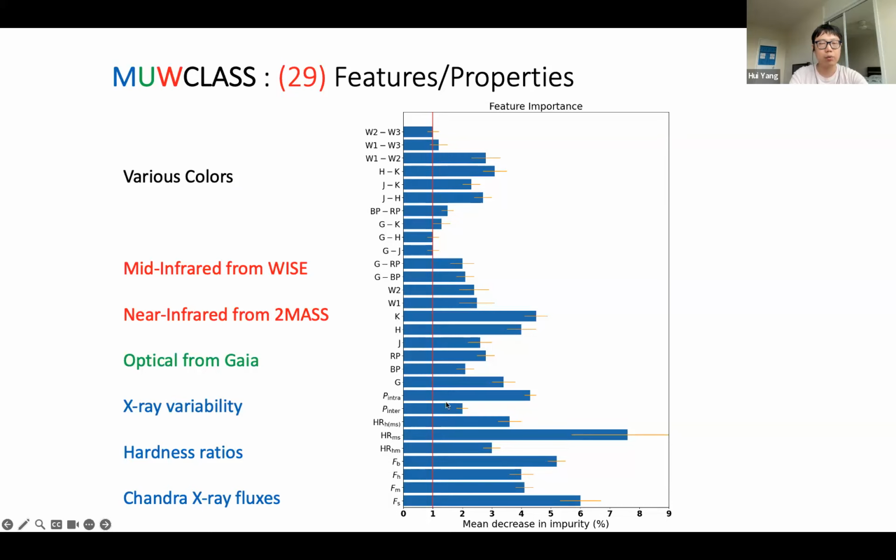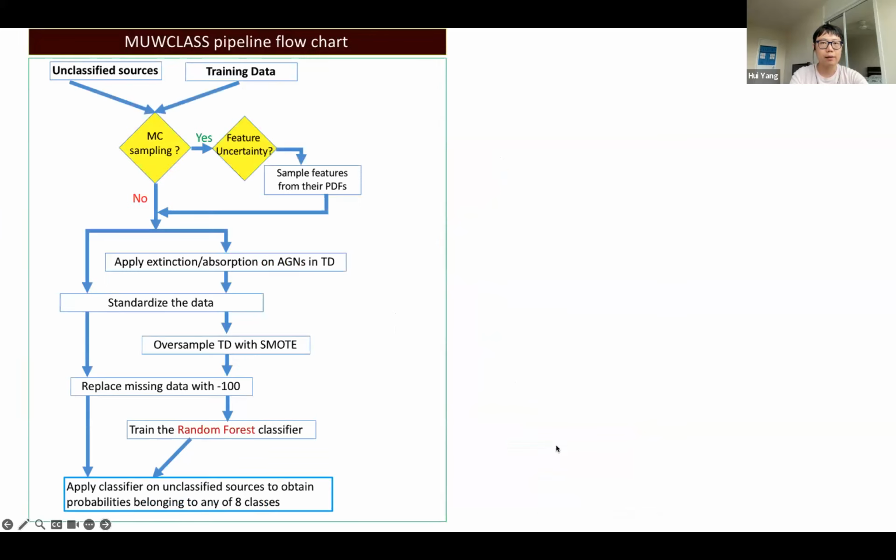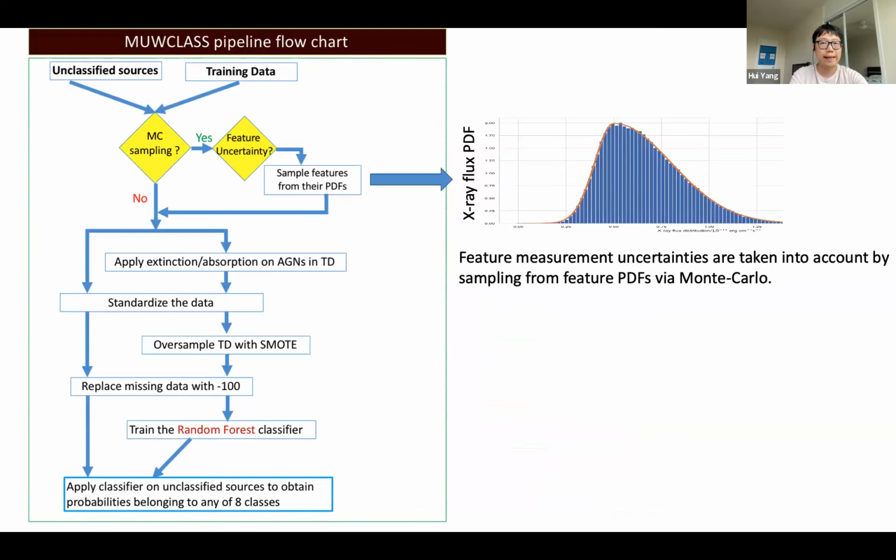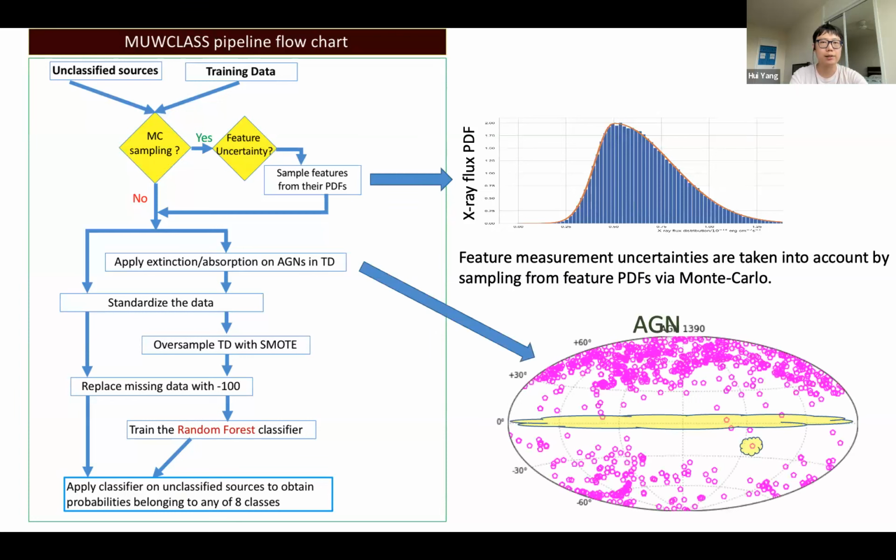On the right panel is the importance of the about 30 features that we used. These slides show the workflow chart of the pipeline, where we also take into account feature measurement uncertainties using Monte Carlo simulations, and the extinction absorption biases for the AGNs, since most of the AGNs from our training set are away from the galaxy plane, which makes them look very different from an unclassified AGN in the plane.